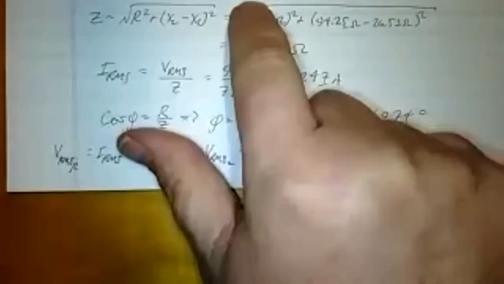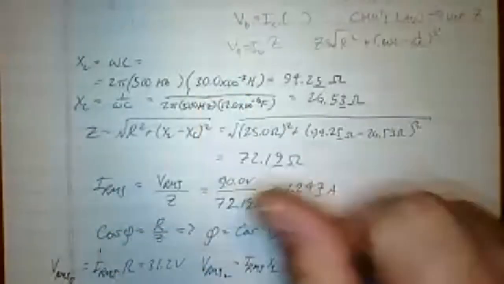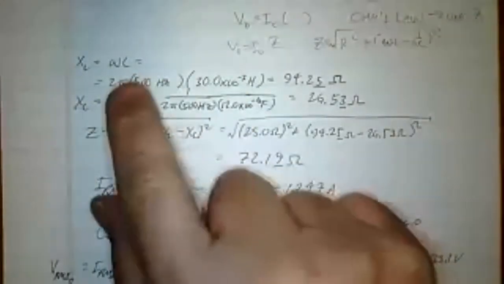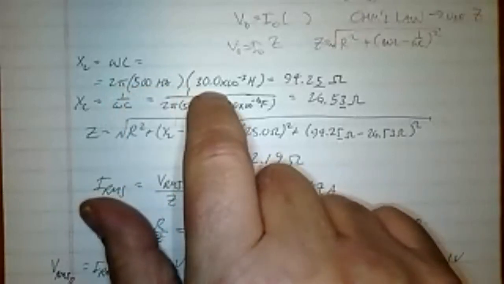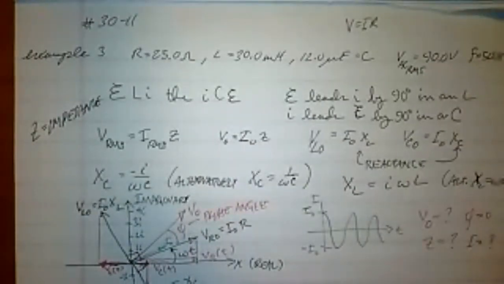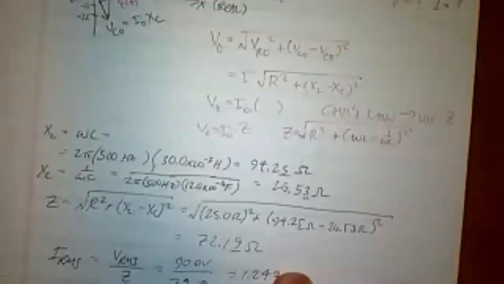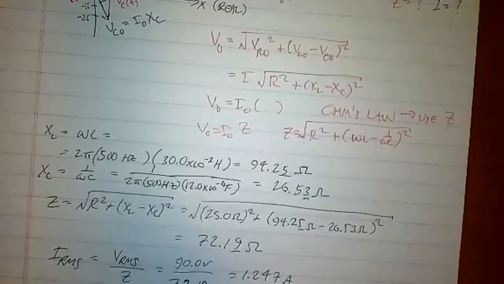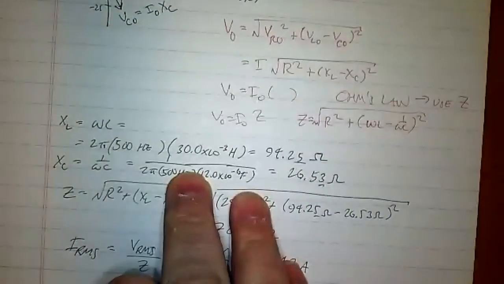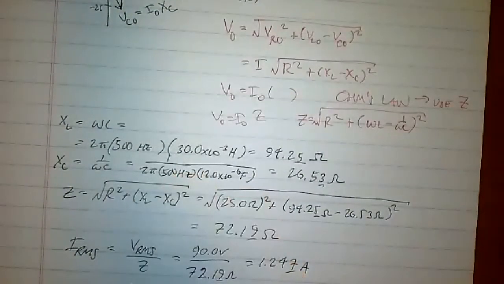It's up on XL equals 2 pi times 500, and it's 30 times 10 to the negative third henries, but I think it's supposed to be 12.0 microfarads for C, for capacitance. Yeah, that was supposed to be 12. Nice catch. And I think that messed up the XL value or XC value too, because then it's 1 over that value, right?